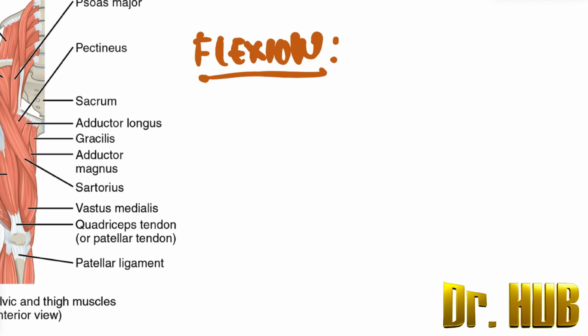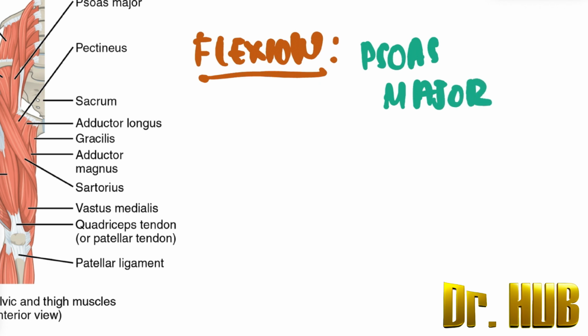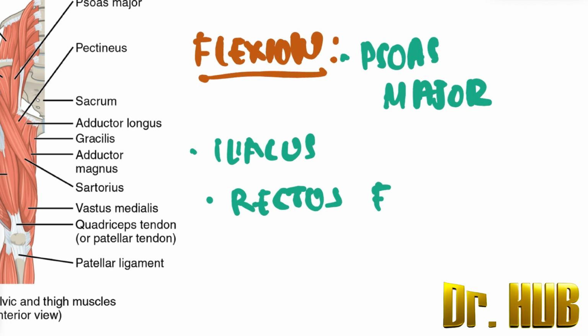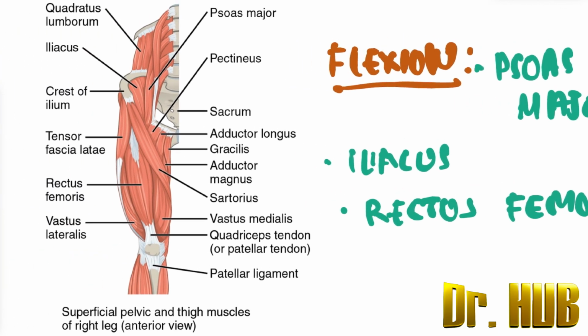The muscles involved in flexion include the psoas major, and then the iliacus, as well as the rectus femoris. So flexion: psoas major, iliacus as well as the rectus femoris.